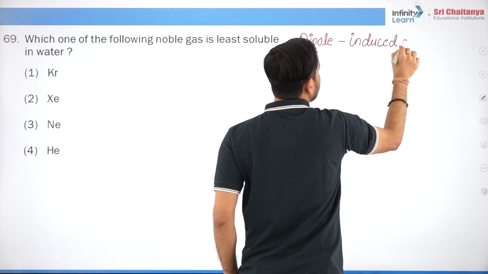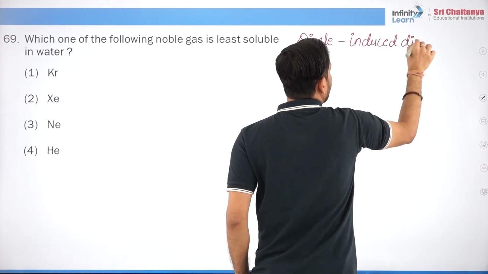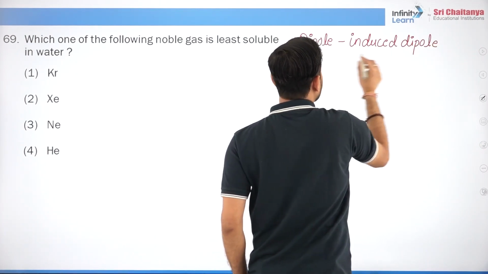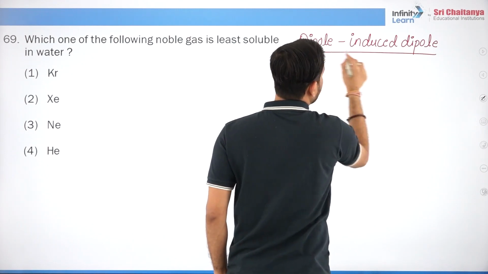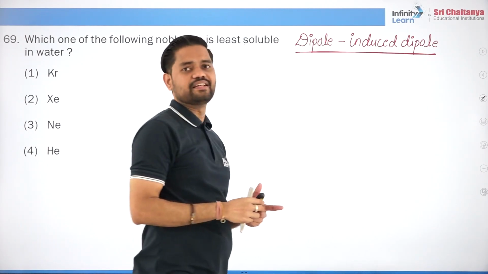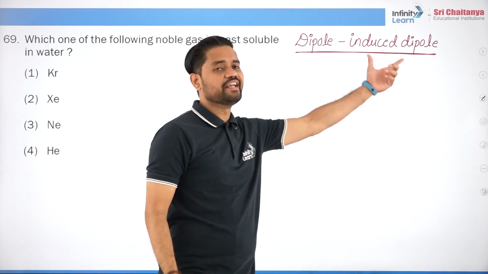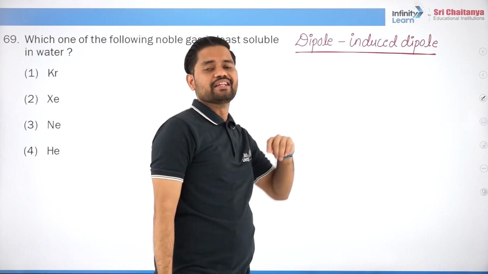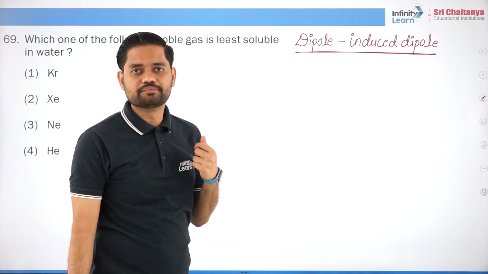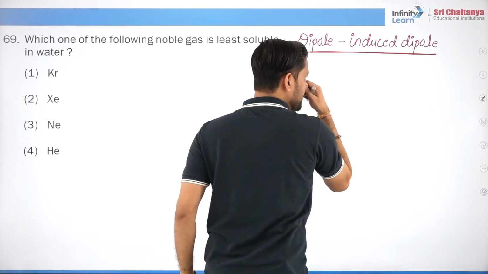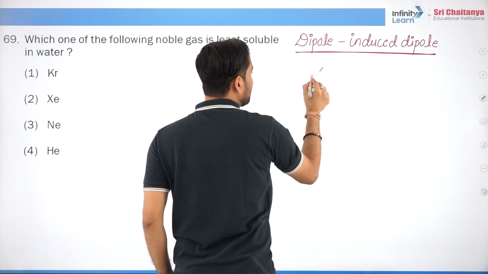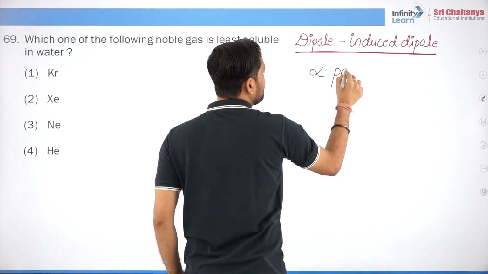The first thing that you should understand: a noble gas getting dissolved in water will be subject to what? Dipole, induced dipole. So the more easily the dipole can be induced, that gas will be more easily soluble. And this induced dipole is directly proportional to what?